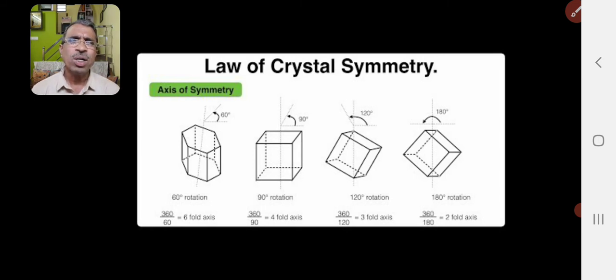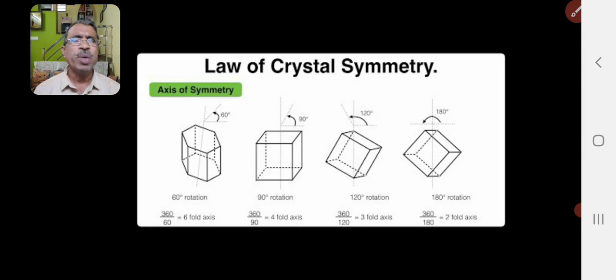Totally there are 12 edges. Therefore, you have 6 twofold axes of symmetry. It means that by rotating the crystal about 180 degrees, the crystal appearance along the edges will be the same.